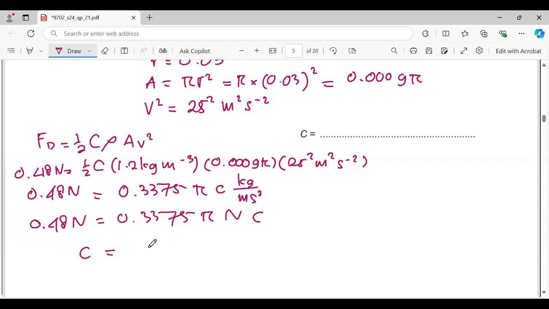We can calculate C as 0.48 Newton over 0.3375 pi Newton, and the result is 0.453. Of course, you have to convert pi into 3.14 or 22 over 7, and you can get this result.